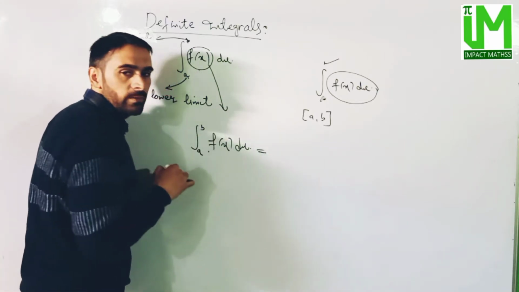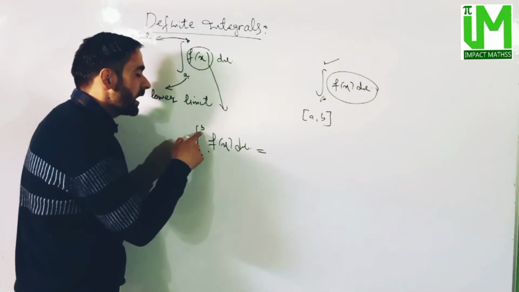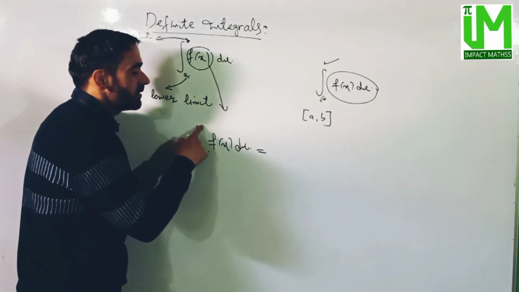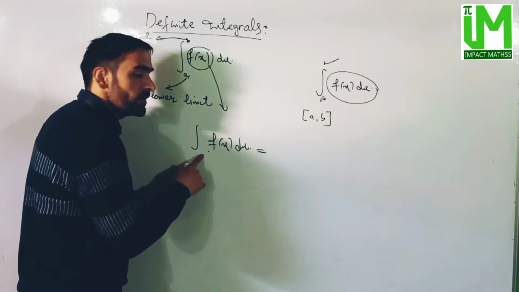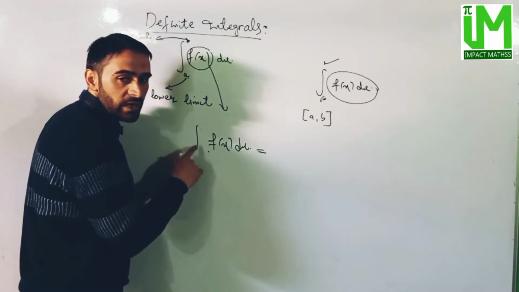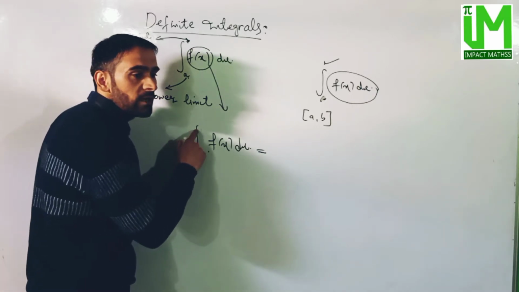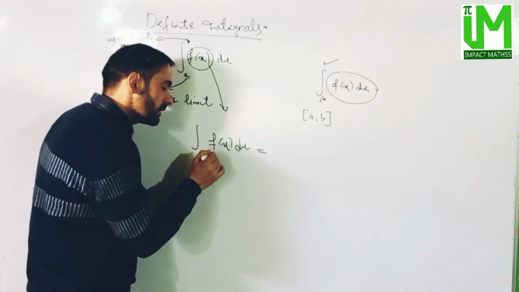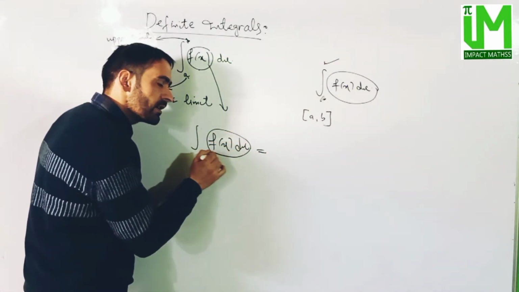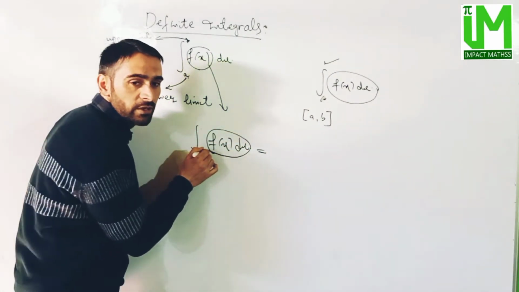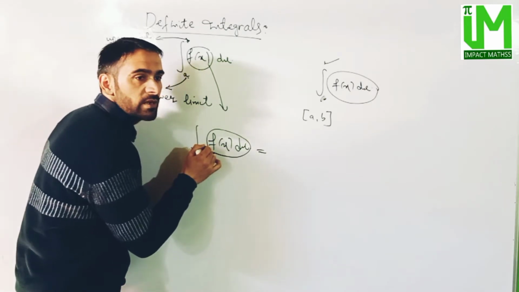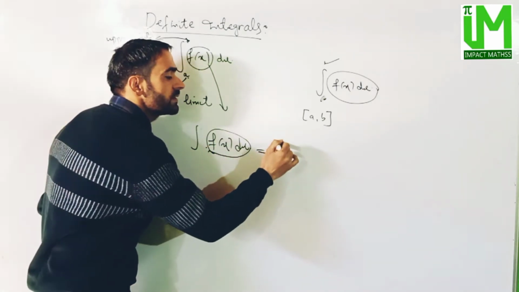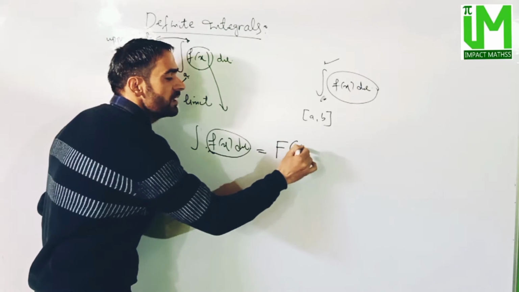So first we skip or omit the limits, the upper value and lower value, and focus entirely on integrating the function. Say the result of the integration is obtained as a function capital F of x.